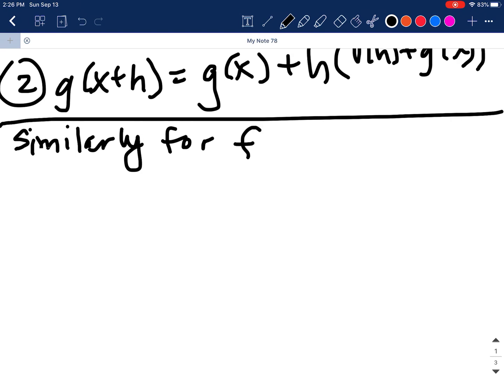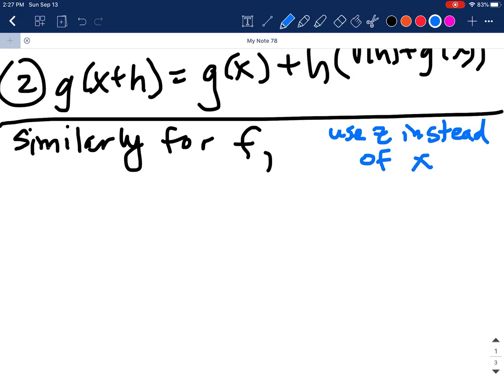For f, what I'm going to do in this case is use the letter z instead of x for now, because we have this g of x and x, and I don't want to confuse variables.